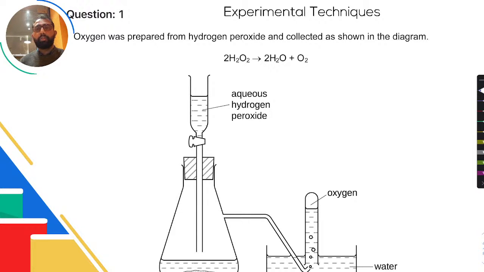Ammonia or hydrogen, that's upward delivery, because their MR is below 28. Why 28 and 32? Because air is mainly nitrogen and oxygen, and nitrogen is 28, oxygen is 32, so gases roughly comparable to them, we try to collect over water as long as they don't dissolve in water. Ammonia you can't collect using water, because even though you can collect any gas using collection over water except for the ones that dissolve, ammonia will dissolve. So that's why we don't use this method.